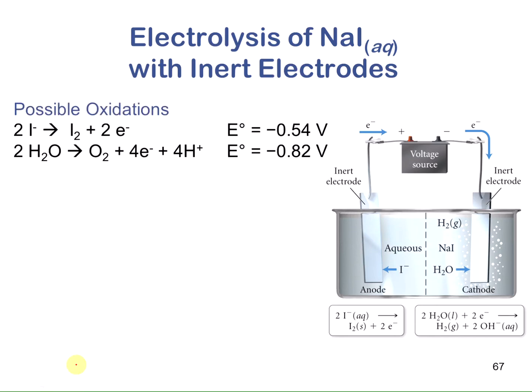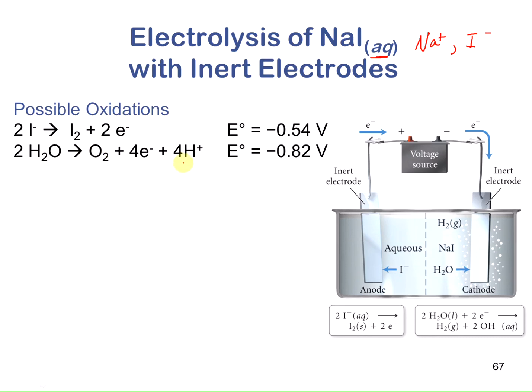Here with the sodium iodide, we have sodium ions in solution and we have iodide ions in solution. So our possible oxidations are the I minus going to I2, or since we're in aqueous solution, maybe the water gets oxidized.